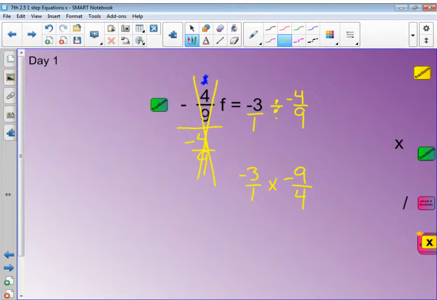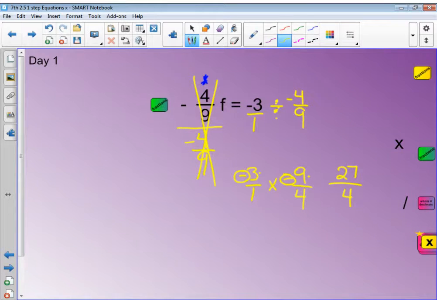Okay, now we can see if we can cross cancel, which we can't. So we'll go ahead and multiply straight across. 3 times 9 is 27, over 1 times 4 is 4. We have 2 negative signs, so it makes it a positive 27/4. Now, as you're doing these, you should go through and change them to mixed numbers.